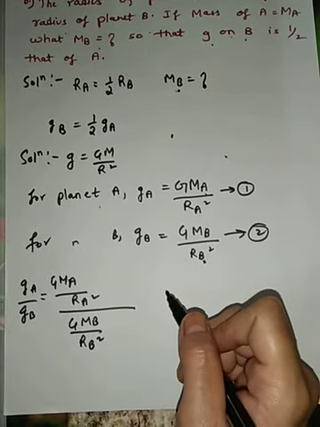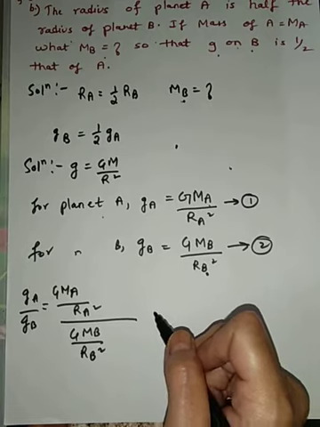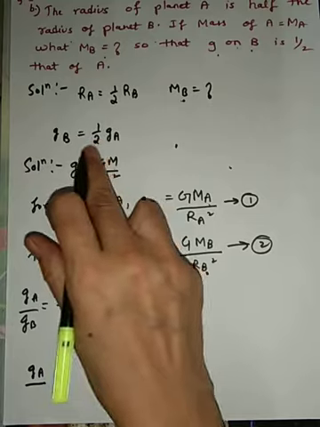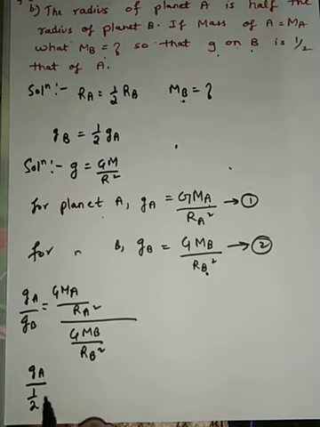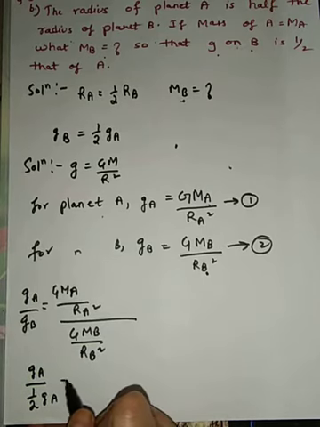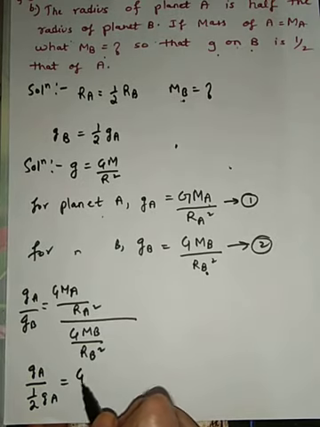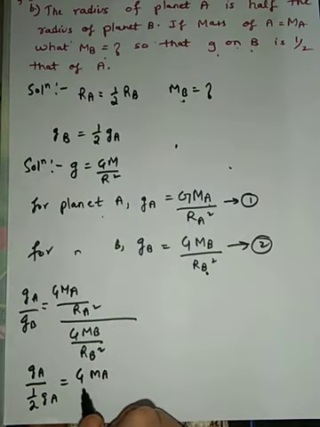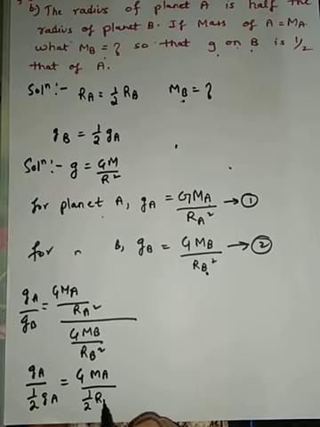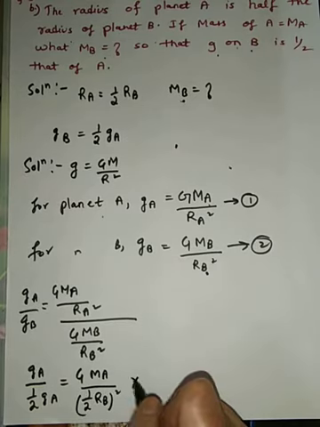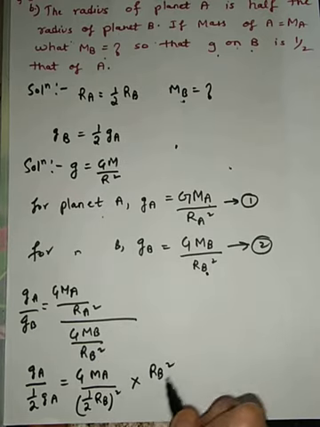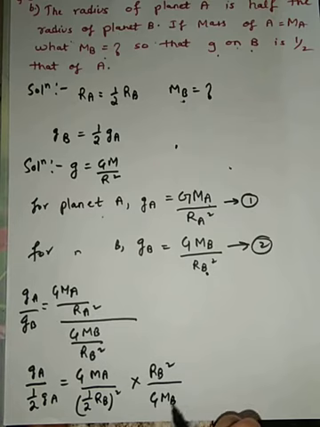Now we will substitute the values, and this gA I will be writing in this way, and gB value we know it is half of gA, so we will substitute its value. This we know it will change in this way, capital G as it is, MA is what I want to find out, RA is half of RB, so I will be having half of RB square. If I multiply, this will be inverted, right? So you will get RB square upon GMB.